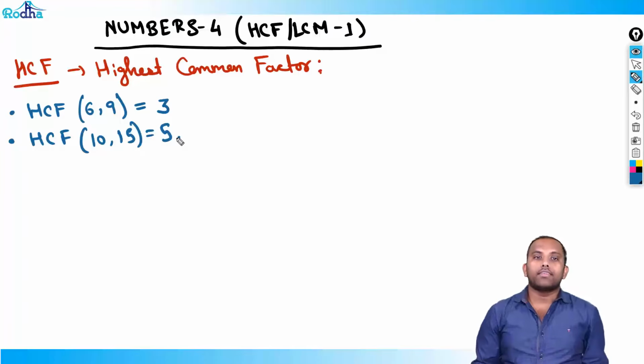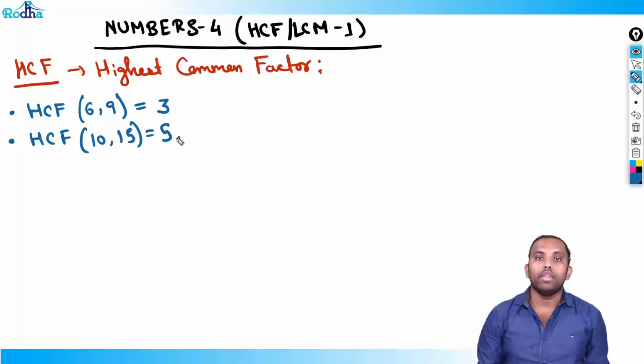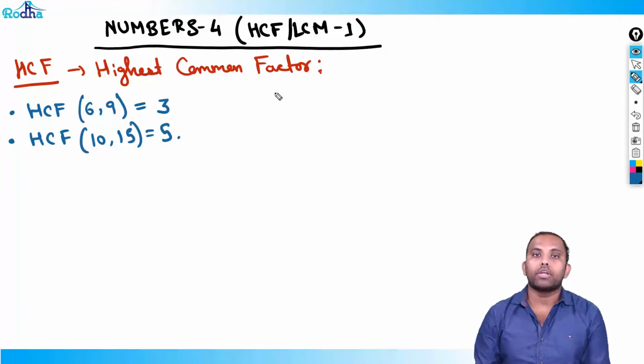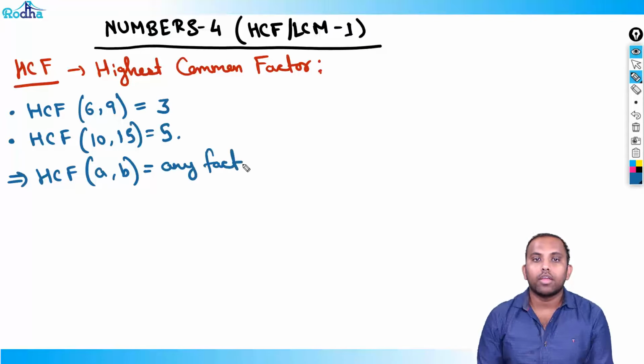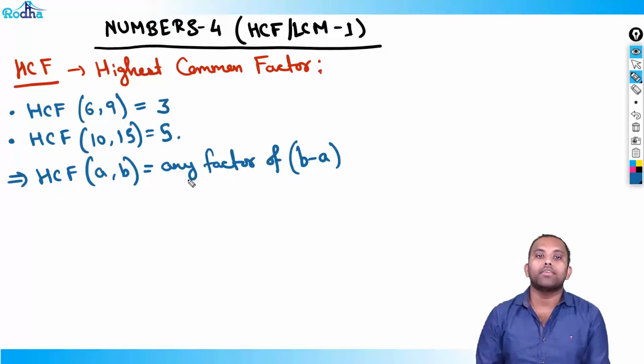So basically, this HCF goes on the difference concept. Very important concept in HCF, the difference concept. Now, what is the difference concept? HCF of A comma B will be any factor of B minus A. This is the difference concept.